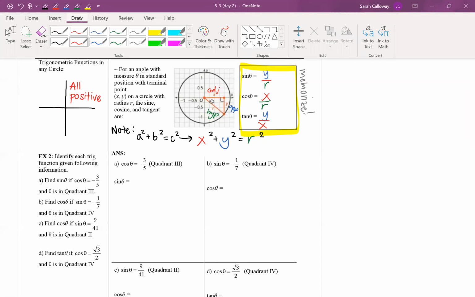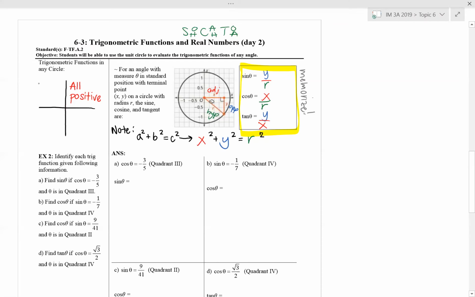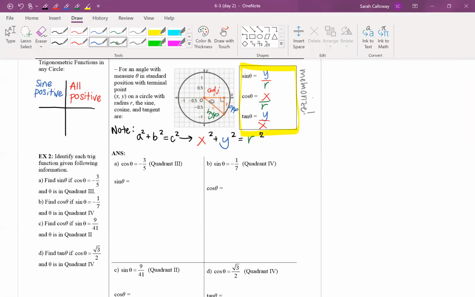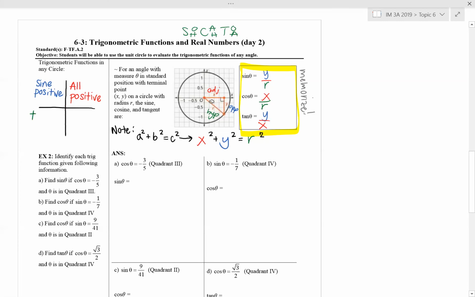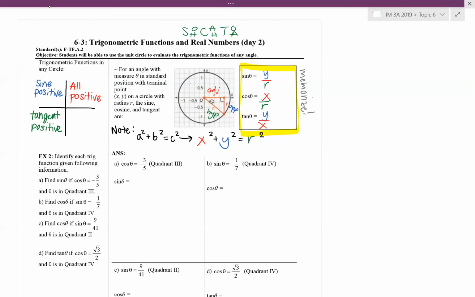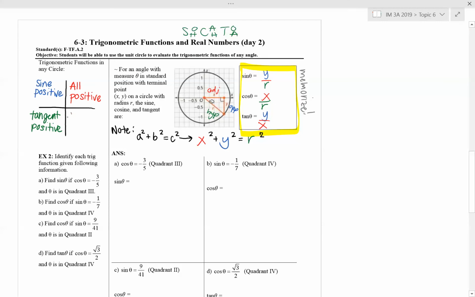Sine is positive in quadrant 2. Tangent is positive in quadrant 3. And cosine is positive in quadrant 4.